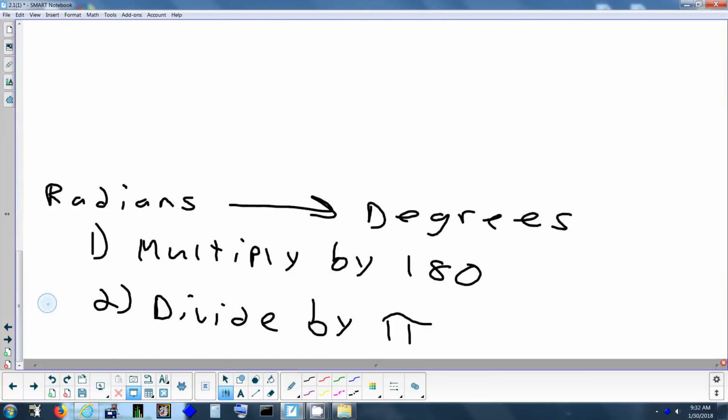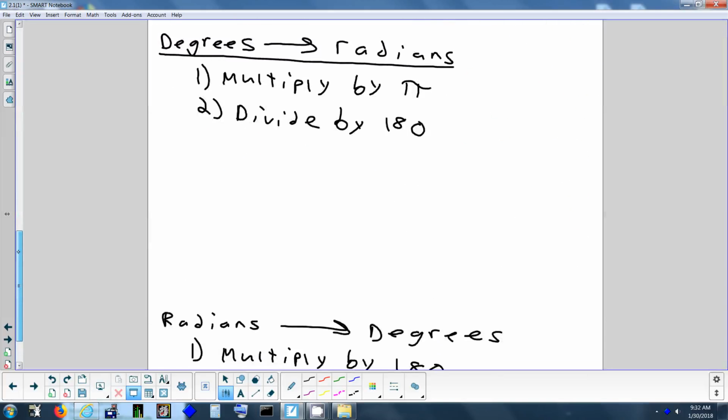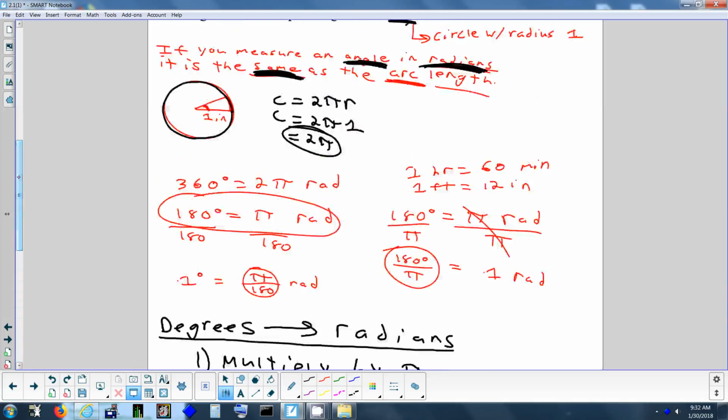So the 2 steps look very similar, and I mix them up sometimes. One of them is multiply by 180, divide by pi. The other one is divide by 180, multiply by pi. So it's very easy to mix them up. So I'm going to show you a way you can remember which one is which. When you think degrees, think of the number 180.